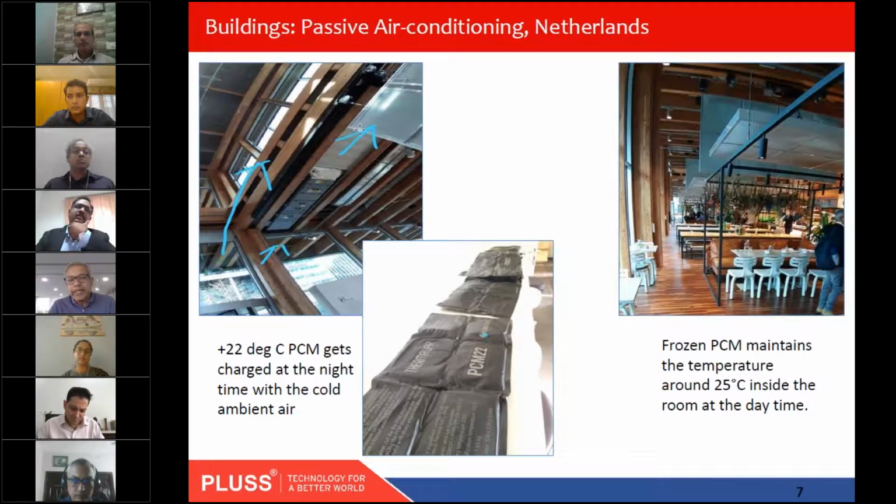And the cold air comes in at night, freezes this material, and during the daytime when the temperature in the room gets to beyond 23-24 degrees Celsius, the heat which rises up is absorbed by these materials, thereby reducing your air conditioning costs drastically, because a lot of your heat has been absorbed in these materials and stored there. And this maintains the room temperature very comfortably around 25 with much reduced active chilling.